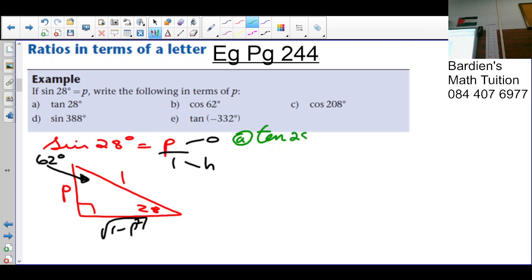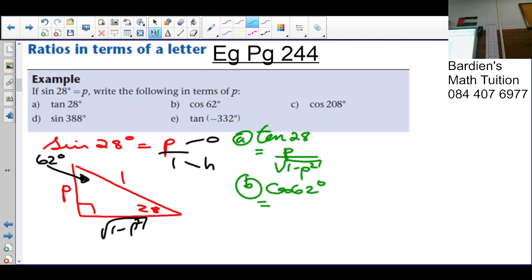Tan of 28. Work that out using the information you just worked out. What does tan stand for? Opposite over adjacent. So it's going to be P over the square root of 1 minus P squared.